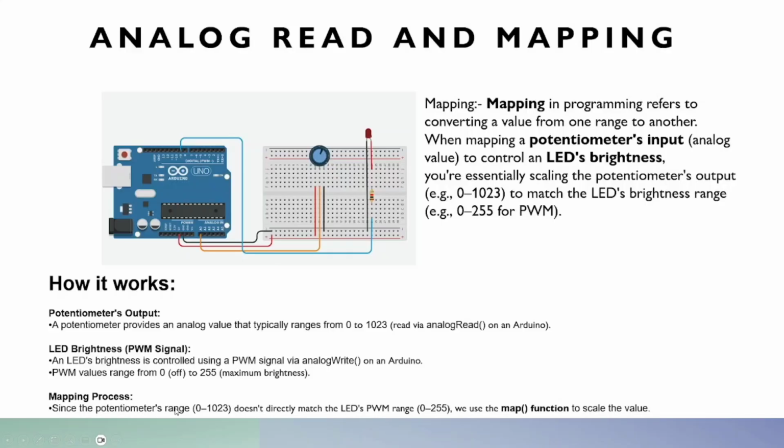Since the potentiometer range of 0 to 1023 doesn't directly match the LED's PWM range, we will use the map function to scale the values and fit them with each other.